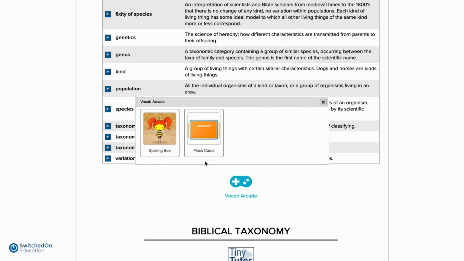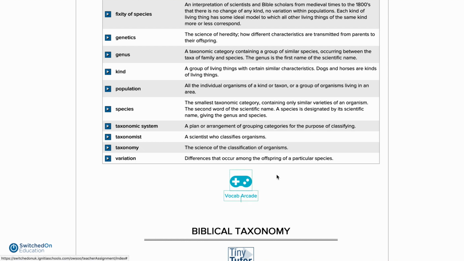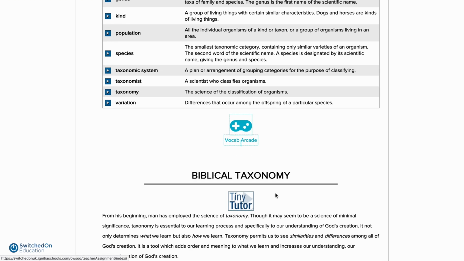Alongside that is a flashcard game, which reinforces the definition of that new vocab word, so that they can use both of those games before entering into the full lesson, just to make sure that they have understood those vocab words and their definitions.